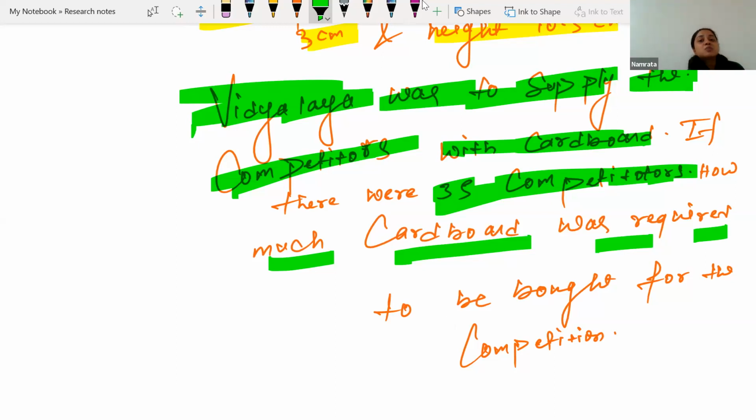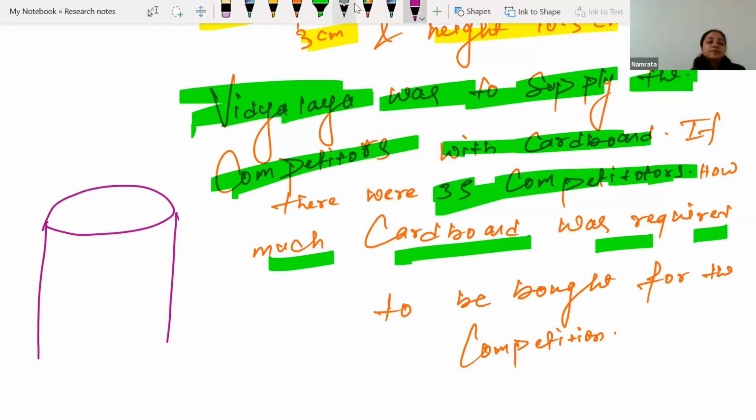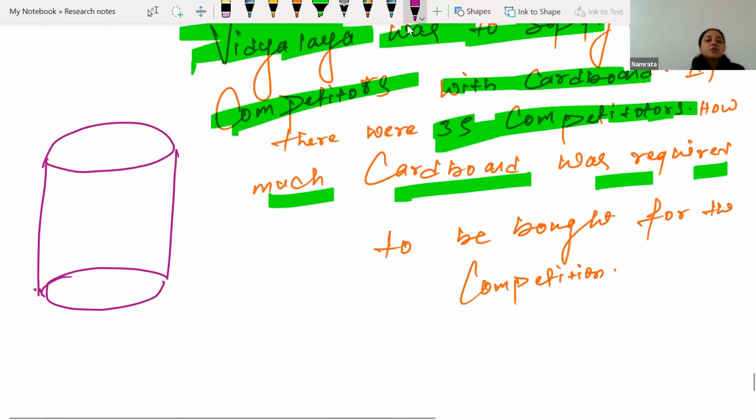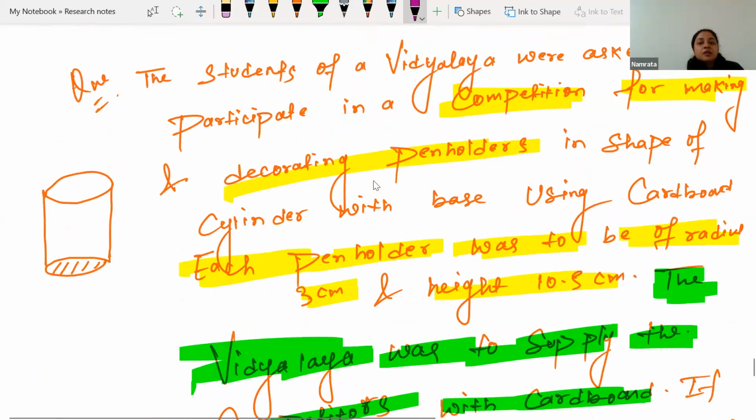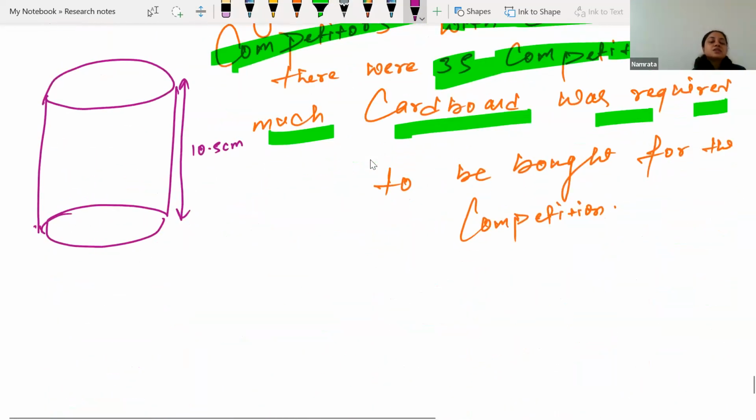Now what are the dimensions of the pen holder? You know this is how the pen holder looks. Here the height is given as 10.5, and the radius is given as 3 centimeter.